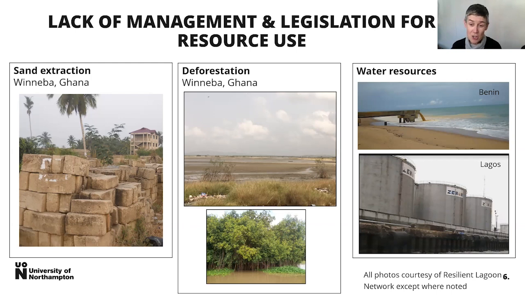Toxic chemical discharges and heavy metals are often made into open drains and sewers in some of these large urban areas. And there's also direct discharge to the ocean. In this picture from Benin is phosphate pollution going directly into the ocean. So there are a number of pathways for pollutants going into the marine environment.